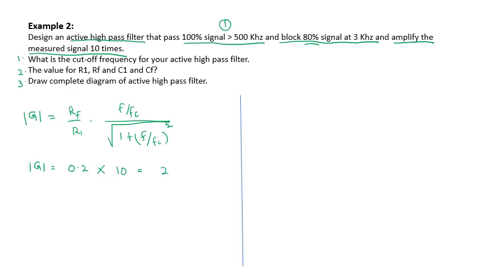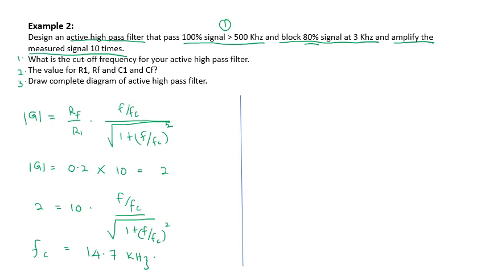So our equation becomes 2 equals 10 (Rf over R1 is the amplification) multiplied by f over fc divided by the square root of 1 plus f over fc squared. From there we should be able to solve for fc, and if you solve it step by step, eventually you get fc is 14.7 kilohertz.